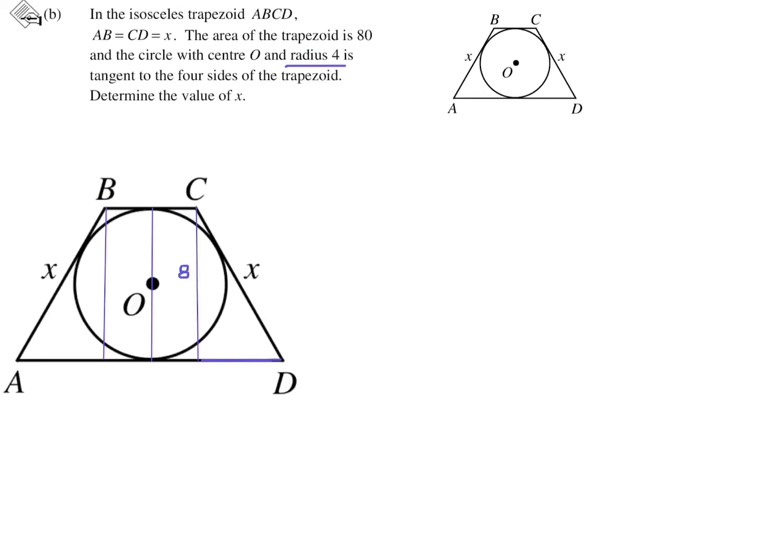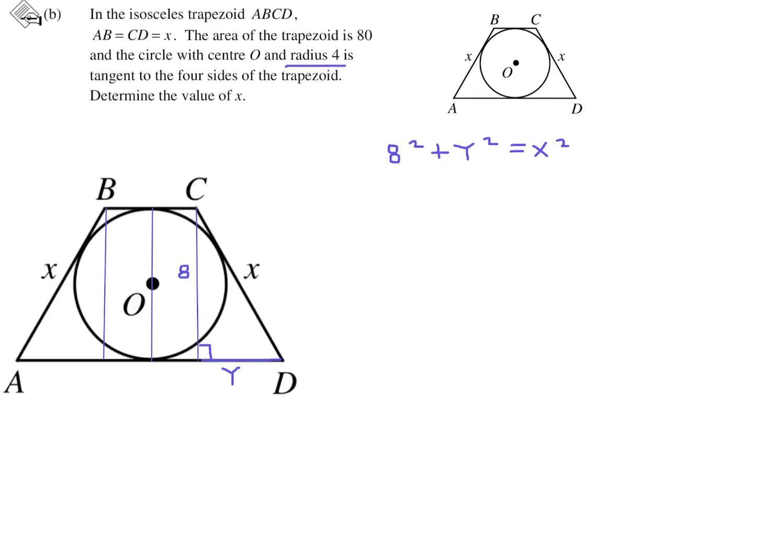And from here to here, I'm going to label that y. Okay? So immediately, before I do any more labeling, you'll see that this is a right triangle, and therefore 8 squared plus y squared is equal to x squared, like that. So that's the first relationship that we get. I don't know if we'll need it, but we have it.